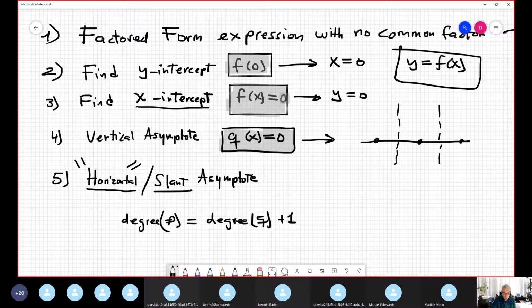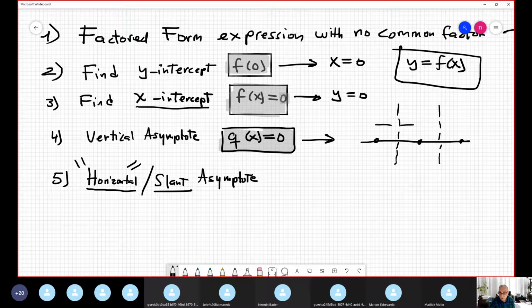Otherwise, no. So this is an important moment in which you need to do the analysis of the horizontal or slant asymptote. Suppose that you have horizontal, well, you draw the horizontal.